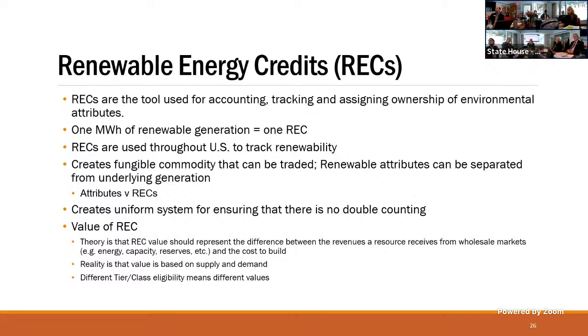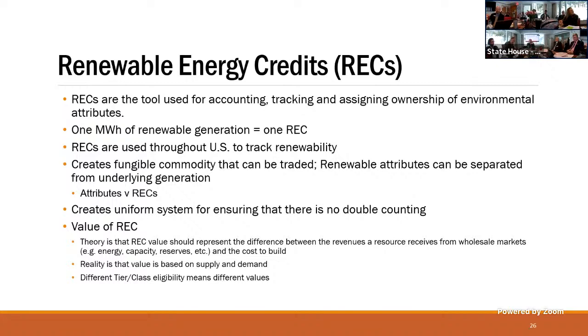Representative Stedman. Thanks, Madam Chair. Interesting. I have never thought of a REC in that way. I've thought of it more as the value of what that resource brings, because it has a non-carbon component to it.